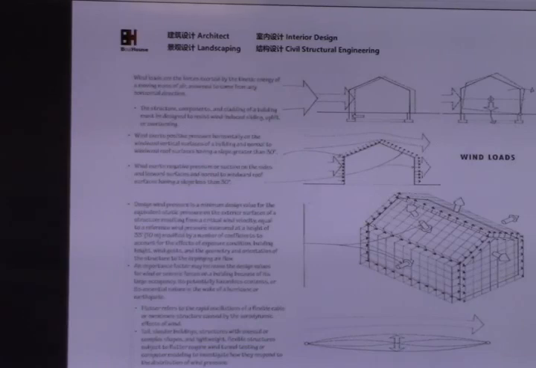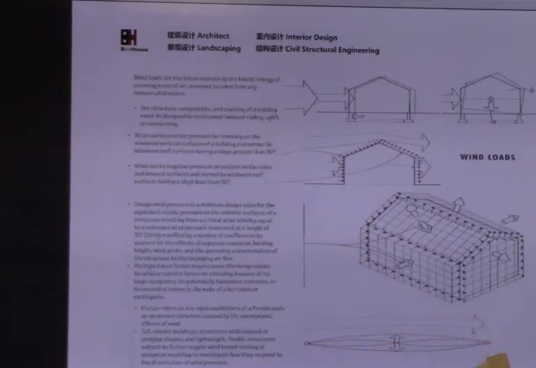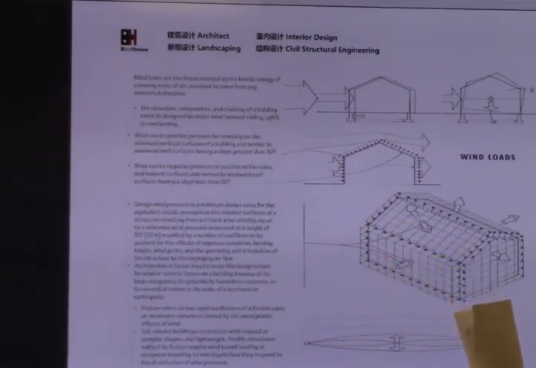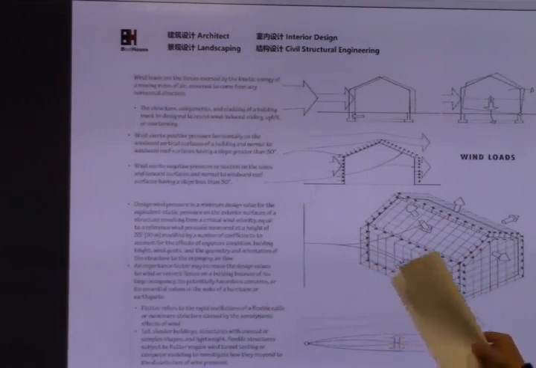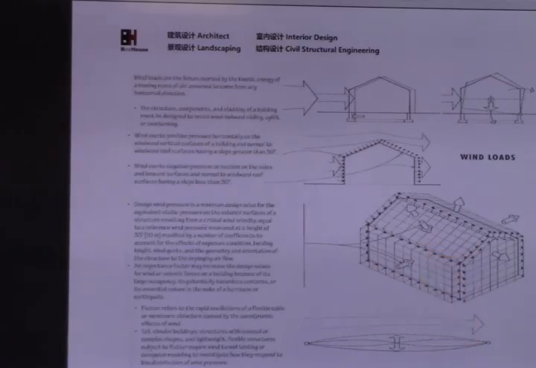If this is a typical building and the wind blows this way, it can be any way, but this is just the example, this face has pressure. And as the wind goes that way, this roof can be pressure or suction, depending on the angle.